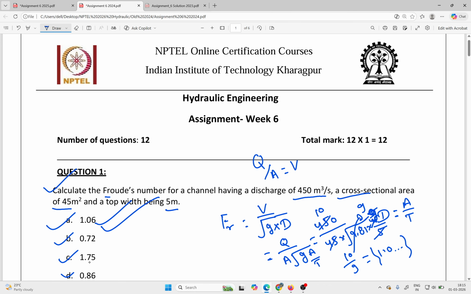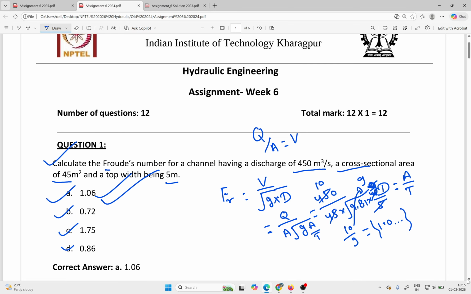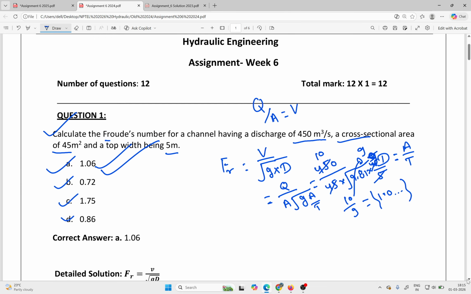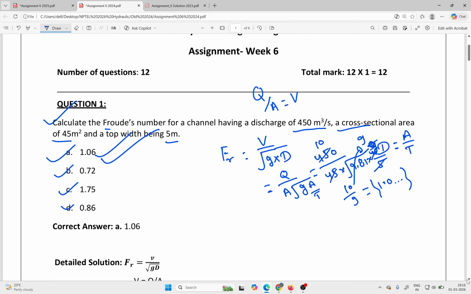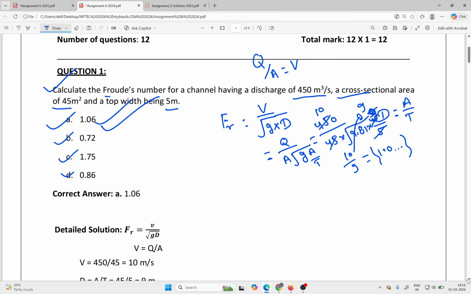This is not 75, because once it comes to 0 then you will go up. 1.06, or as per this calculation you can go with 1, then again 1 something.